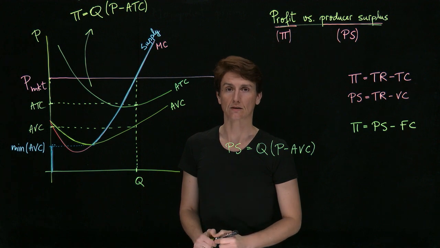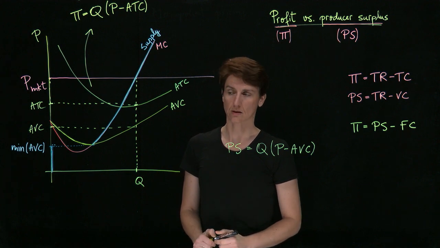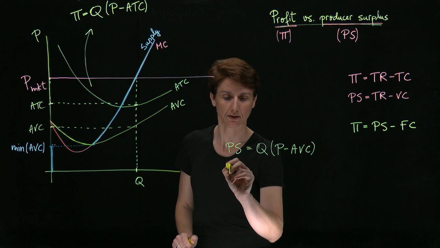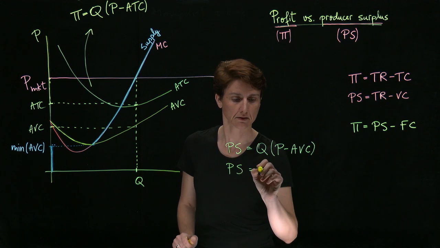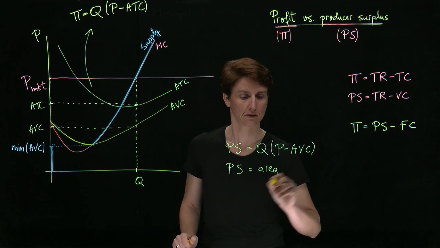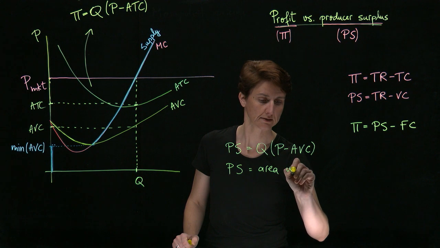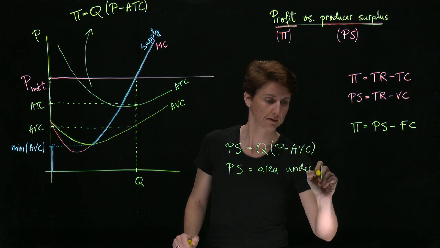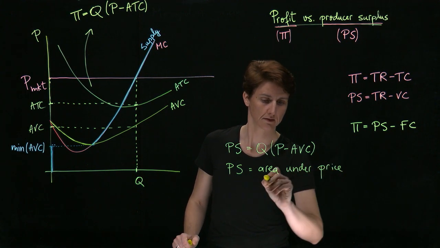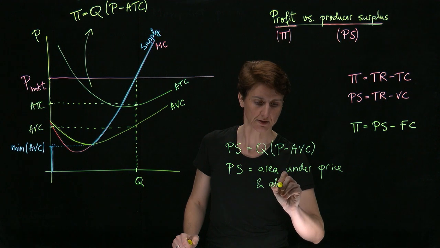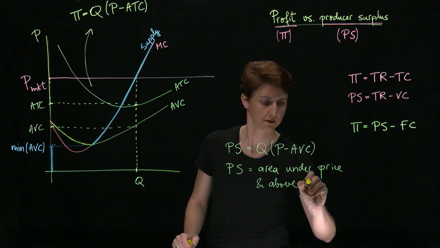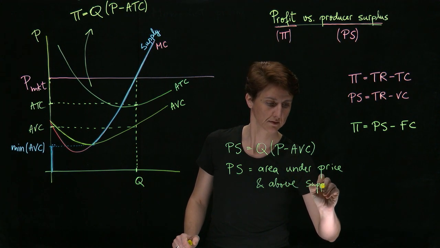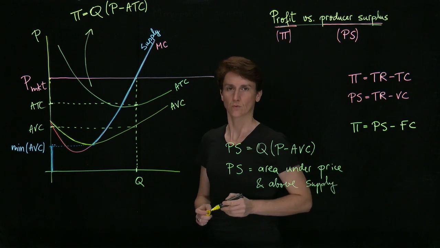We have a second way of showing producer surplus as well, and that will be the area below price and above the supply curve. Why is that?